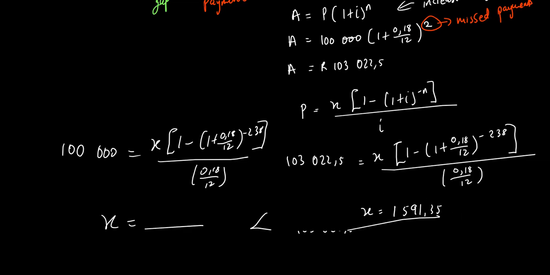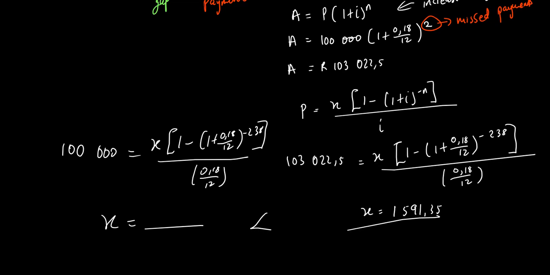Which means if she had not missed any payments and the loan had not grown, she would have been paying lesser monthly installments. But because she decided to let the loan grow, she is going to pay higher monthly installments.